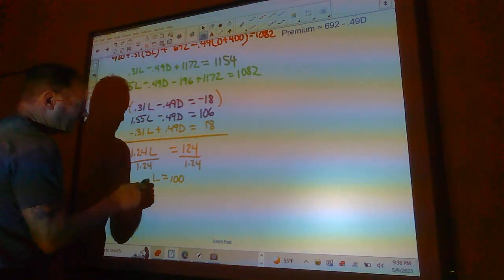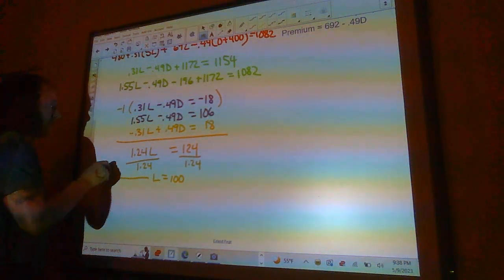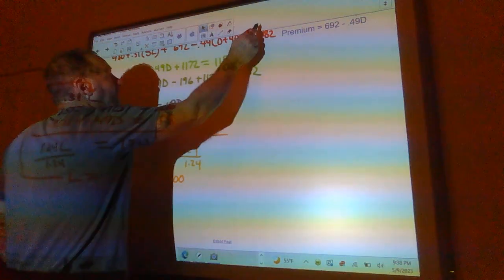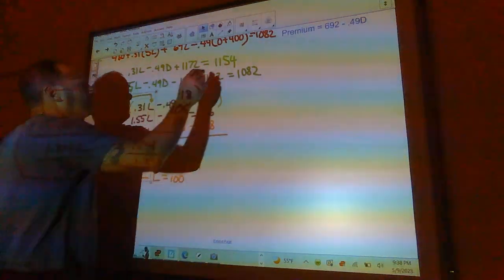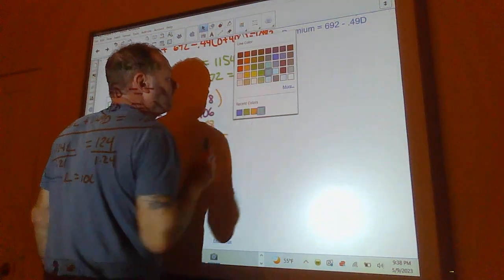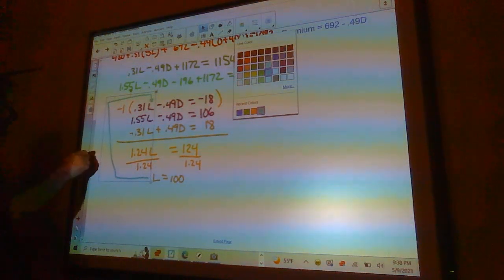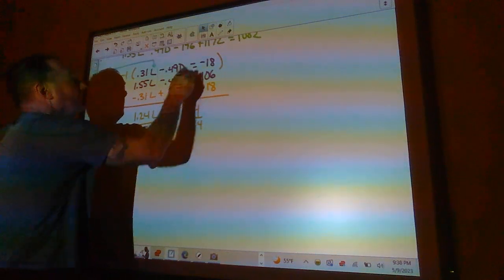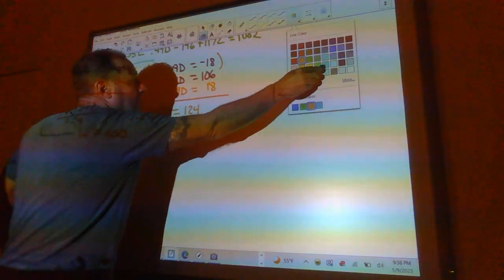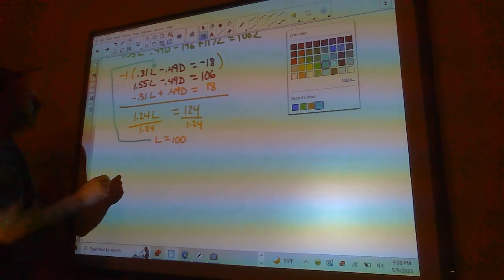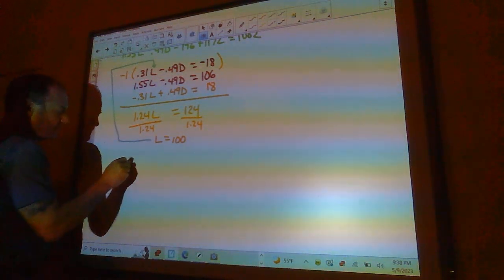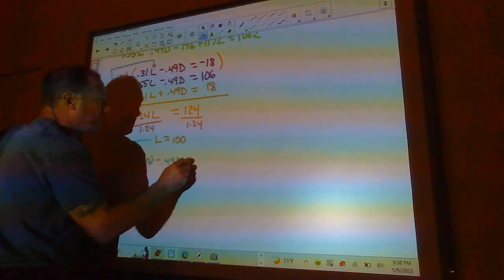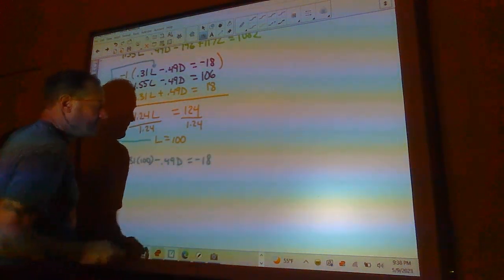Okay, I'm going to take this, I'm going to plug it back into here. Let's actually take this, make it that color. Okay, so it's going to stand out a little bit. And now, let's see, 0.31 times 100 minus 0.49D is going to equal negative 18.